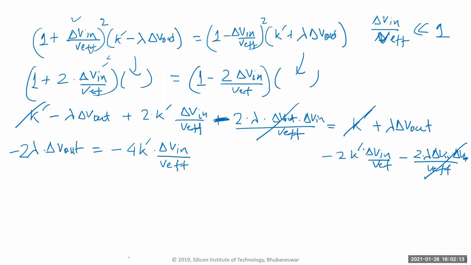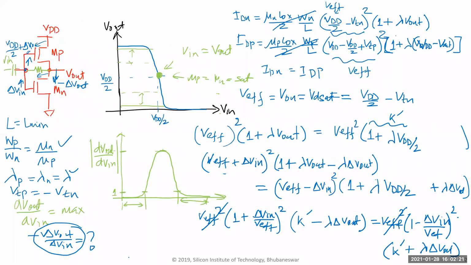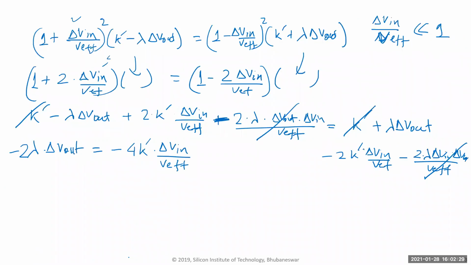Something doesn't make sense. Delta V out over delta V in should be a negative term. Oh, no, sorry, that's because I haven't shown the sign. That's fine, because I'm just doing the incremental. Just check the signs, but I think the terms are fine.